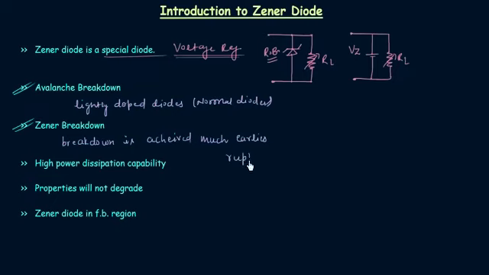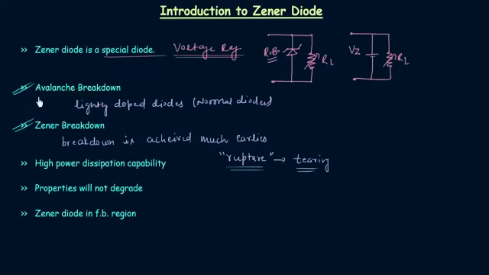by direct rupture of covalent bonds, I mean tearing of covalent bonds. This means tearing of covalent bonds, and this happens due to strong electric field at the junction developed by high reverse bias potential.